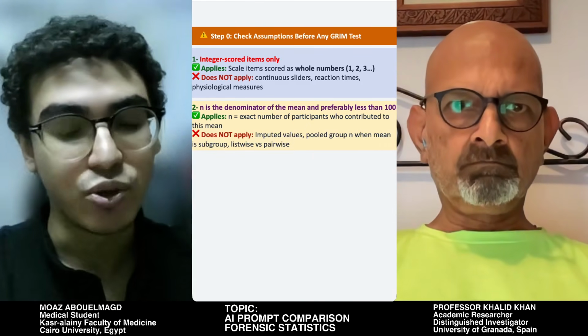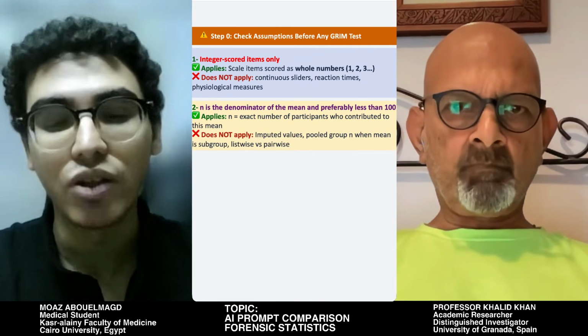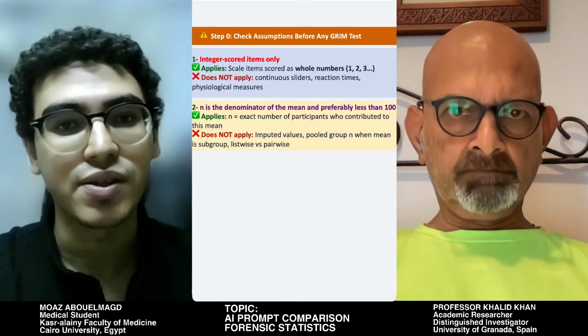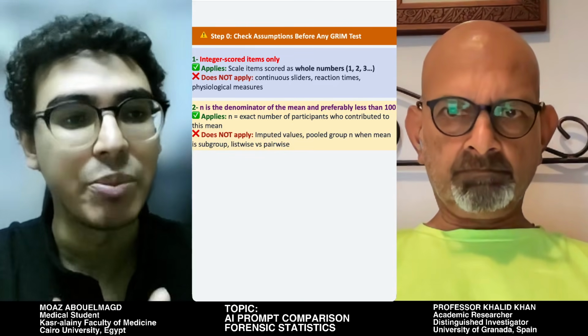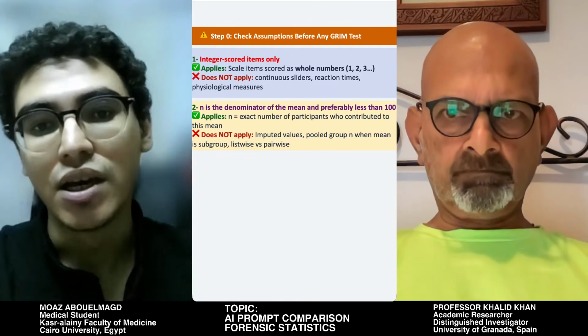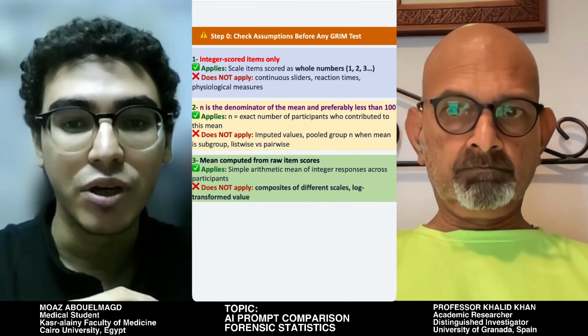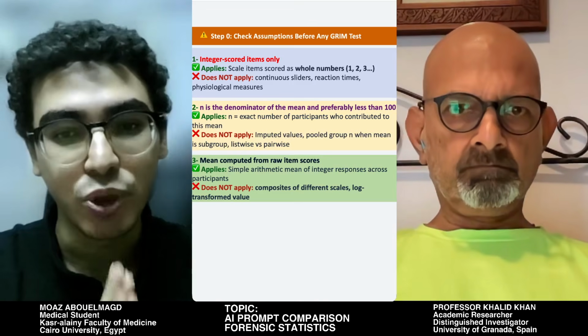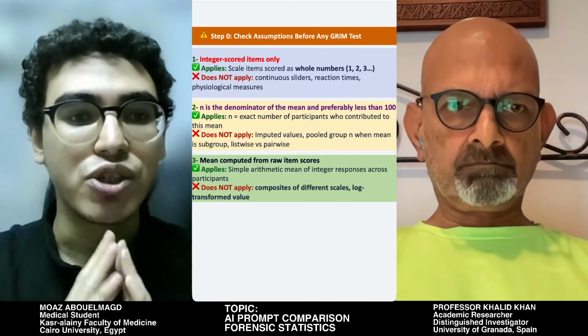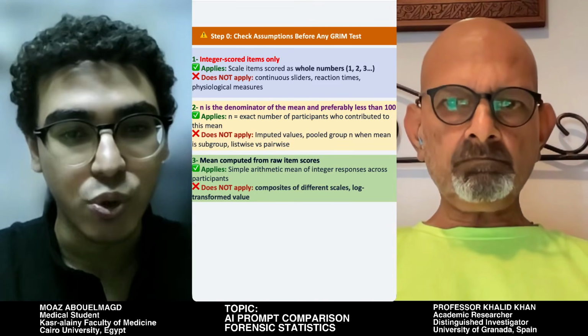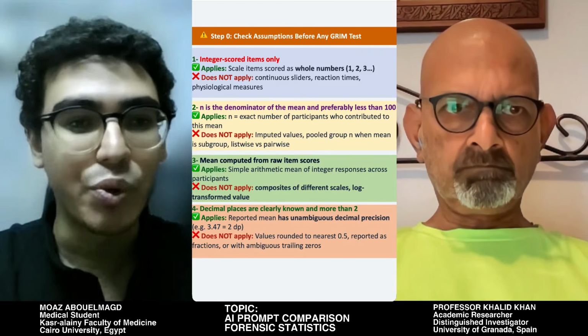The denominator or the sample size should be less than 100, because with larger numbers it's almost impossible to find any Grim inconsistent finding. A third assumption would be that the mean that we are checking is computed from raw item scores. It should not be a combination of multiple scores. That would also ruin the Grim test.